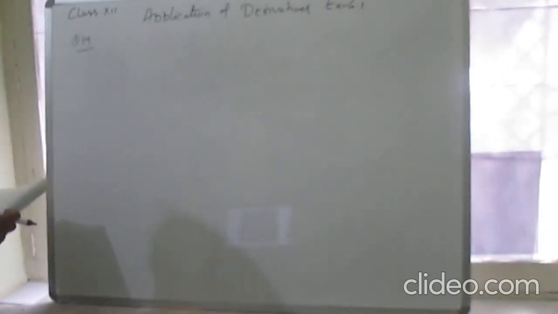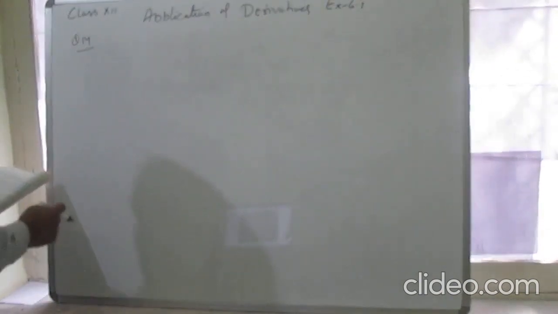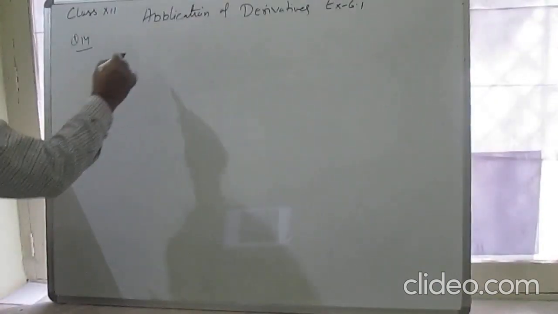Question number 14. Sand is pouring from a pipe at the rate of 12 centimeter cube per second.